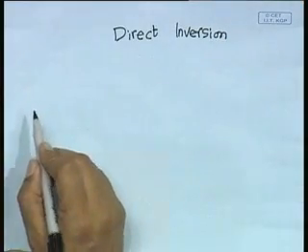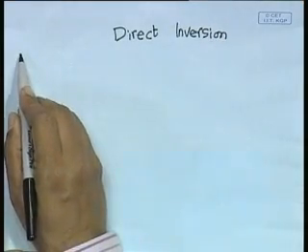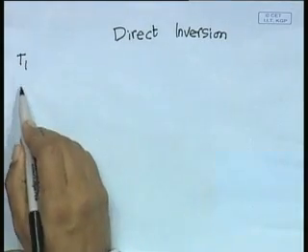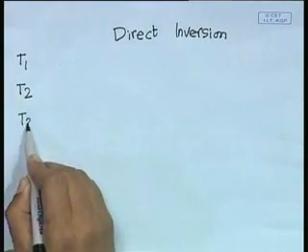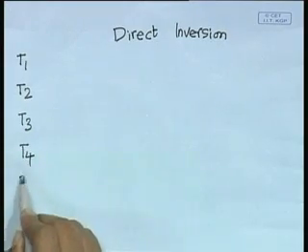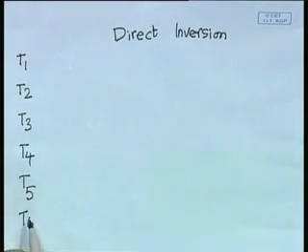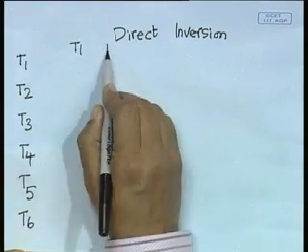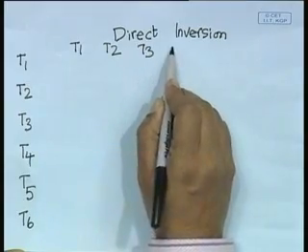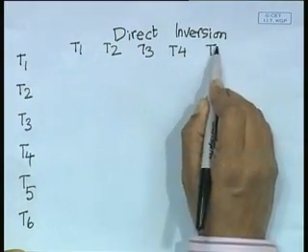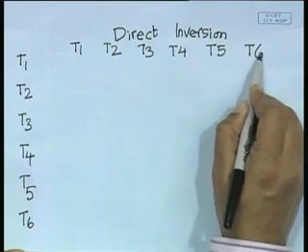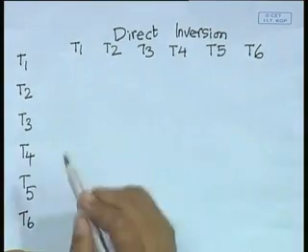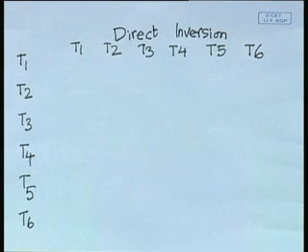So, we have the tasks T1, T2, T3, T4, T5, T6 and let us write T1, T2, T3, T4, T5, T6. First look at the diagram and then tell me what are the direct inversions, we will just populate on this table.